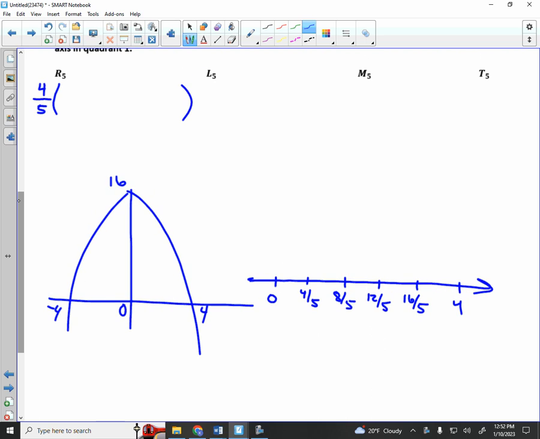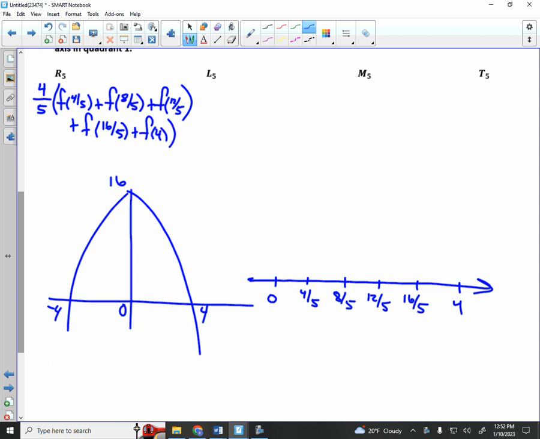Now, for the sake of time, we're not going to calculate all of these. We'll simply write out, we start with f of 4/5 plus f of 8/5 plus f of 12/5 plus f of 16/5 plus f of 4.